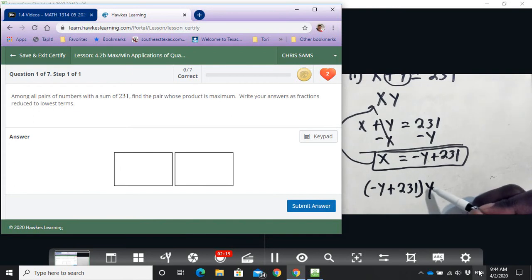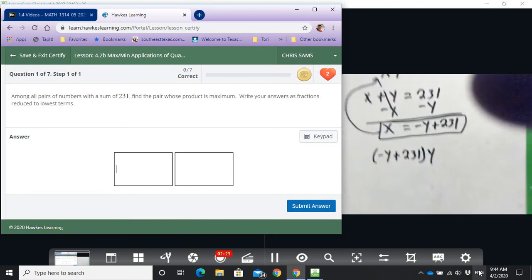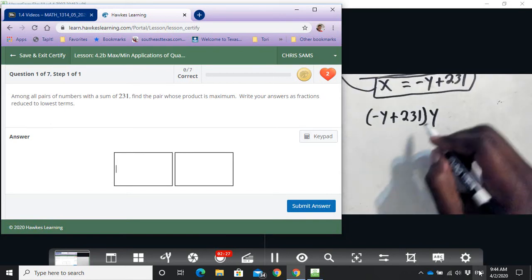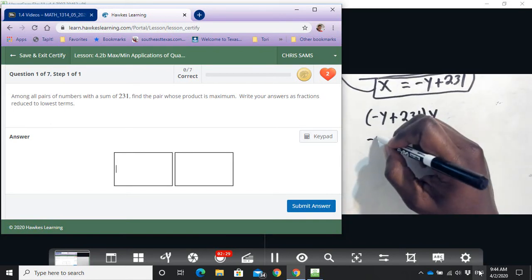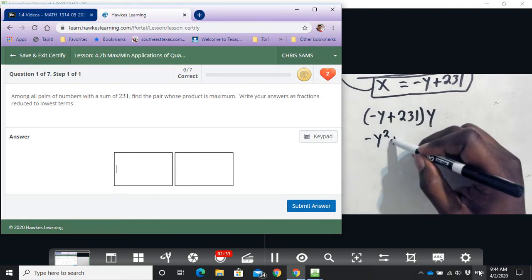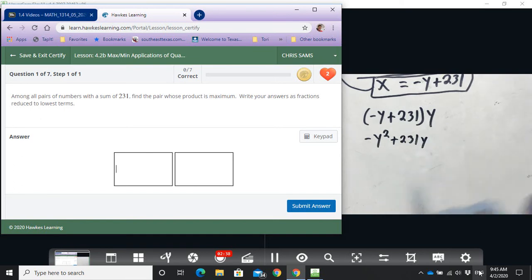We're going to distribute. So this will give us negative y squared plus 231y. Okay, this is a quadratic equation.